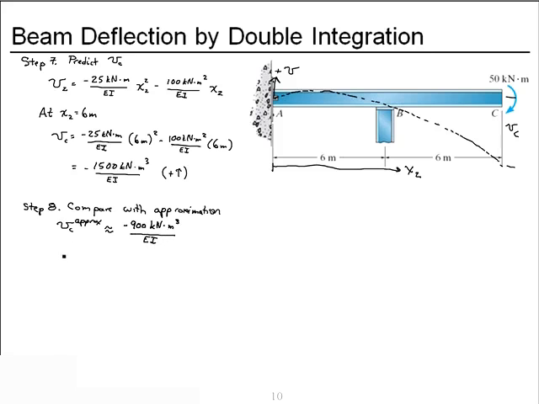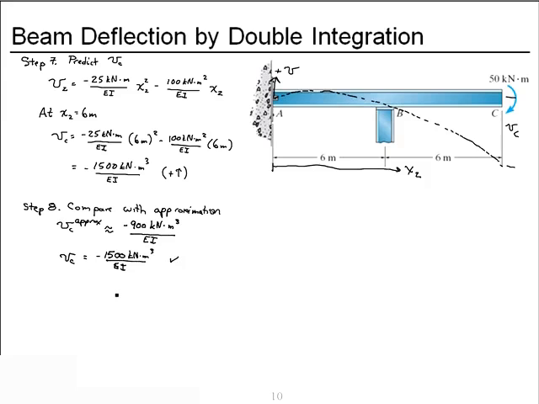And since our prediction is a negative 1500 kilonewton meter cubed over EI, we knew this had to be an underestimate. It is smaller, but they're in the same order of magnitude, so we'll say that checks out. We have reasonable confidence that this is a valid prediction of the deflection or anticipated deflection at point C.